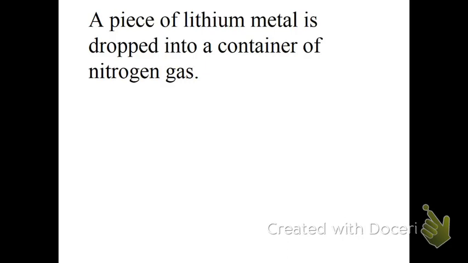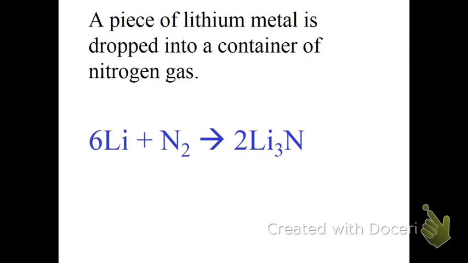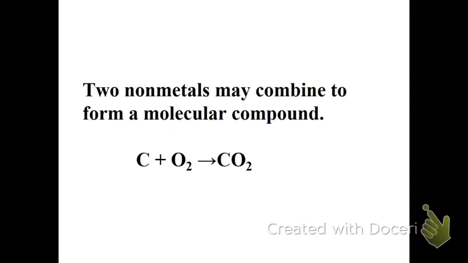Okay? A piece of lithium metal is dropped into a container of nitrogen gas. So it would look like that. Lithium plus nitrogen makes lithium nitride, and then we balance that. Okay? 2 nonmetals may combine to form a molecular compound.